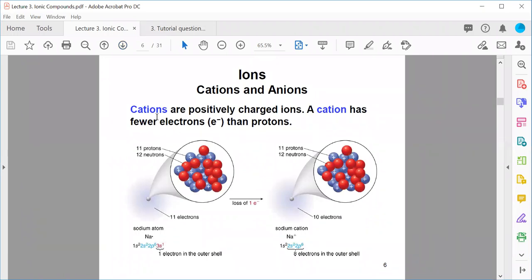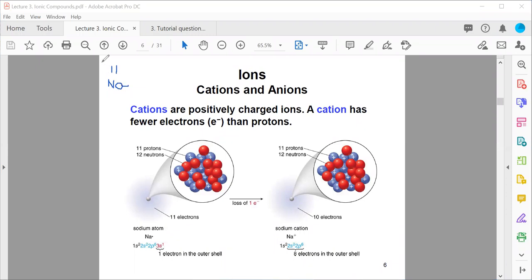All right, so our cations are positively charged. A cation has fewer electrons than it does protons. And we've got a great example here. Once again, sodium. So if you look up sodium on the periodic table, you will find that it has the atomic number 11. What does that immediately tell us about sodium?